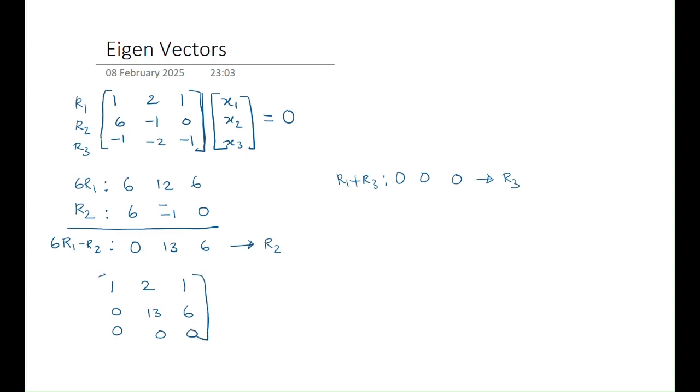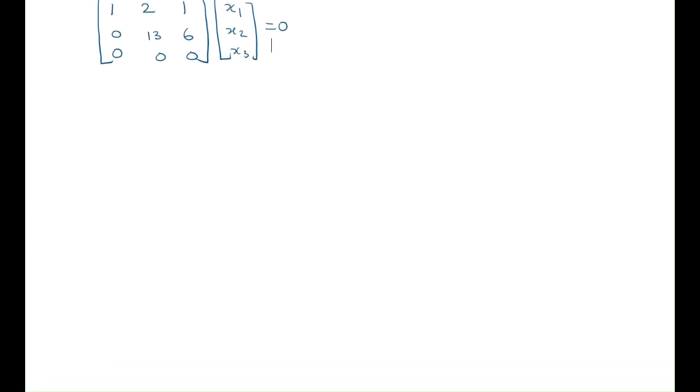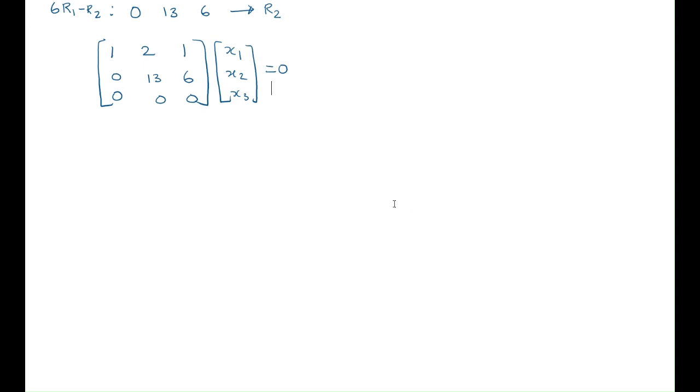Then multiplied with the column matrix x1, x2, x3 equal to 0. Now it becomes really simple to solve the simultaneous equation at this stage. We can further reduce by converting this element as 0, but let us not do that one.